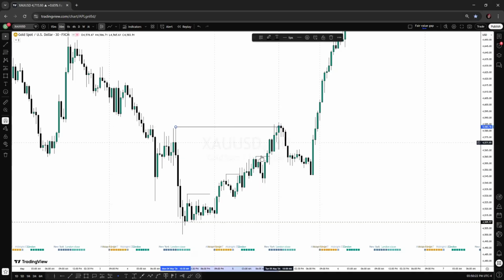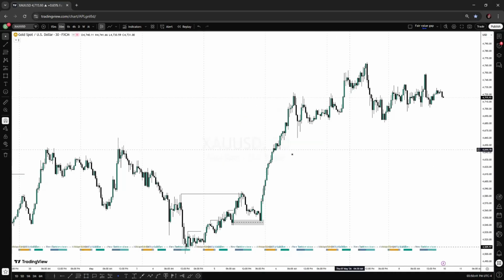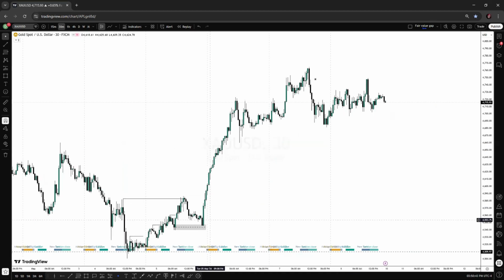So taking off that level now, which other block has not been mitigated where we can actually buy from? This one right here. And you see how the market came into it, tapped into that zone and gave more than 1,000 pips.